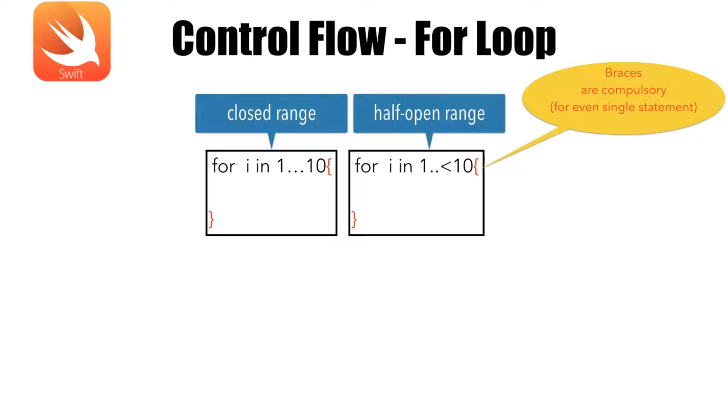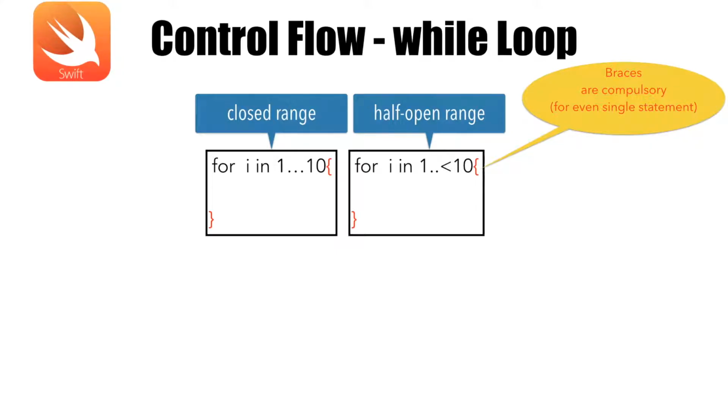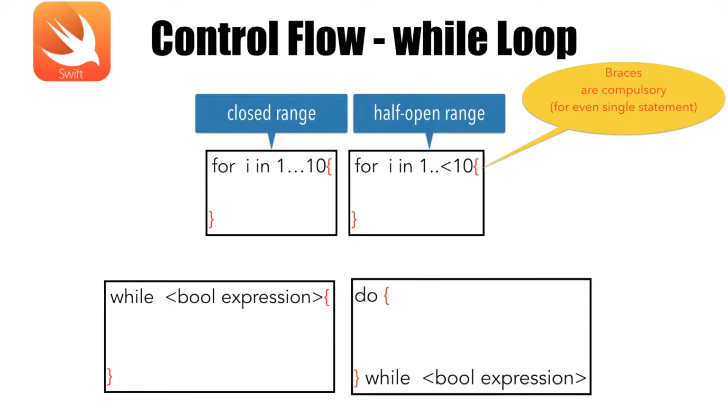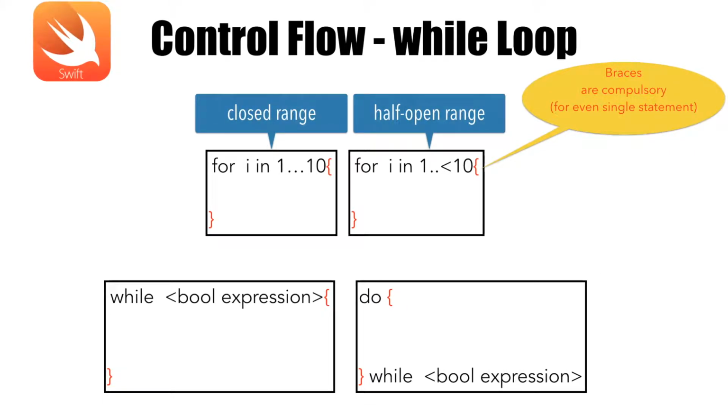And you will see a similar set of rules when we go through while loop. If you have done programming, you would have already been familiar with while loop and do while loop. While a particular expression evaluates to true, you continue to execute the while loop, and do while is also similar. The only difference is even if the first condition is false, you can still enter the loop. That is the difference between while and do while loop.